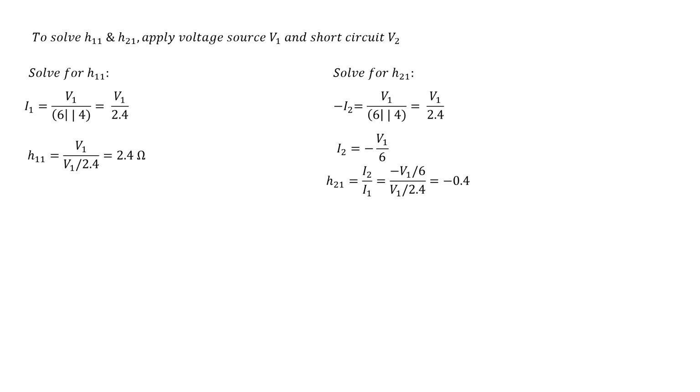To visualize it better, you can draw the circuit: the voltage source at V1 and a short circuit at V2. And just like question 1, you solve for H11 and H21.